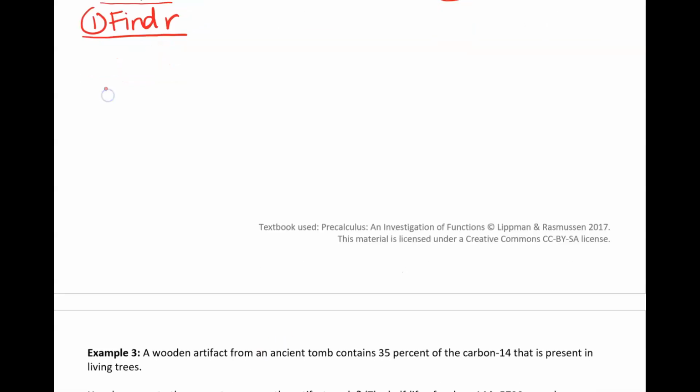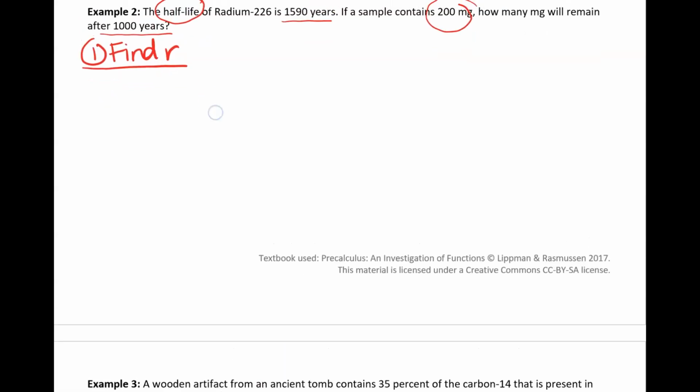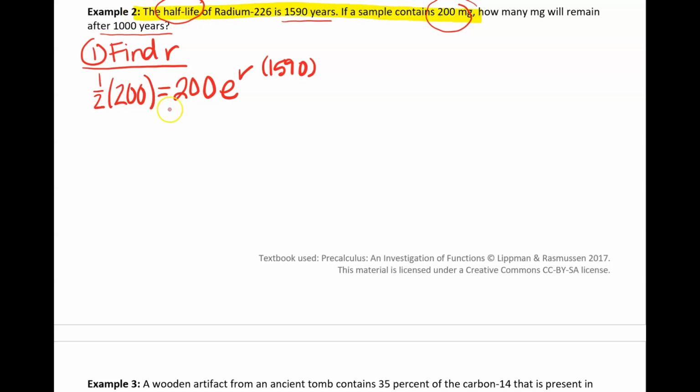So half of 200 would be equal to 200, my initial value, E to the R, and that's after 1590 years. And so I'm just using this piece of information here. So if I divide both sides by 200, I get 1/2 is equal to E to the 1590 R. I'm going to ln both sides.